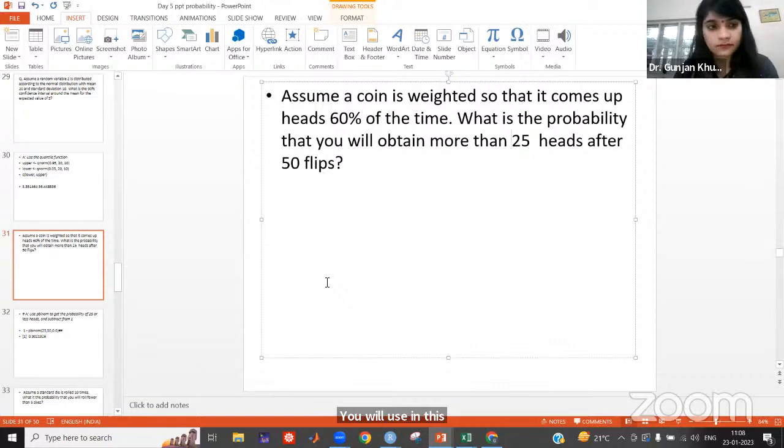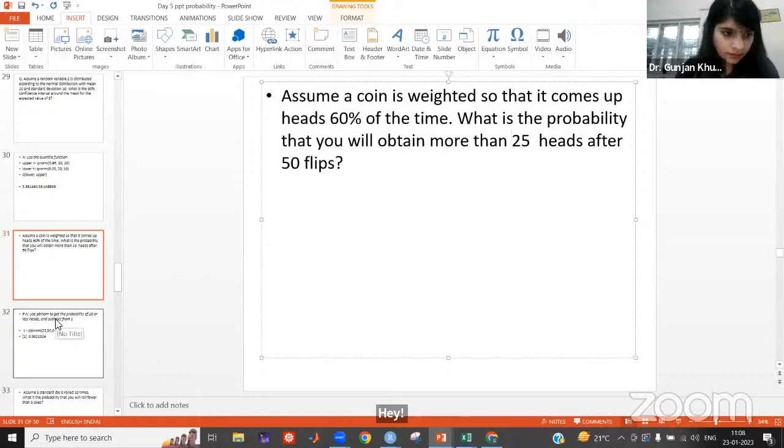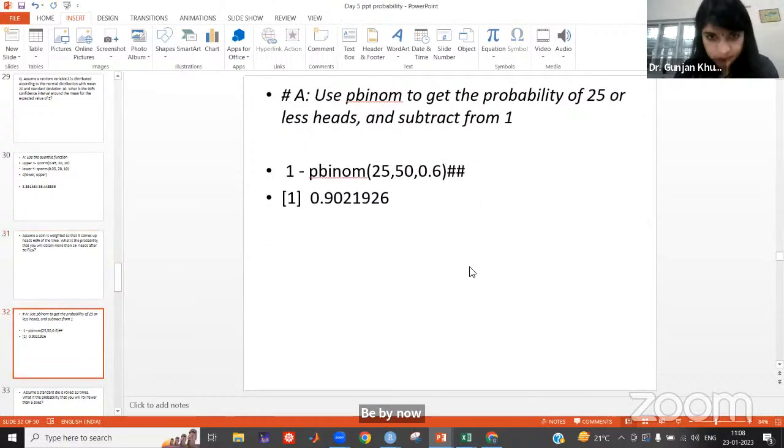One minus probability X less than or equal to 25. Okay, fine. And for X less than or equal to 25, which function will you use? P binom. Okay, so it would be like this. Please verify your answers.